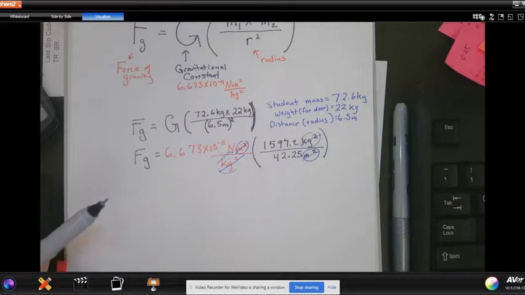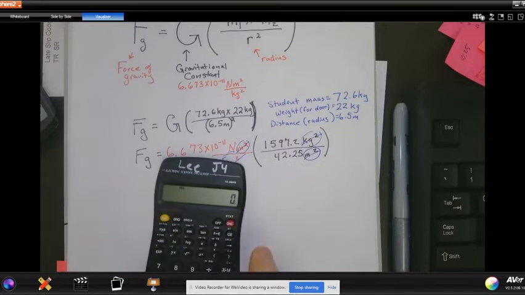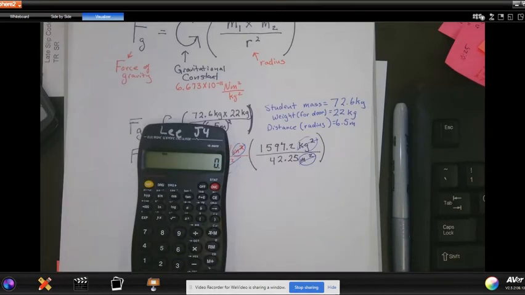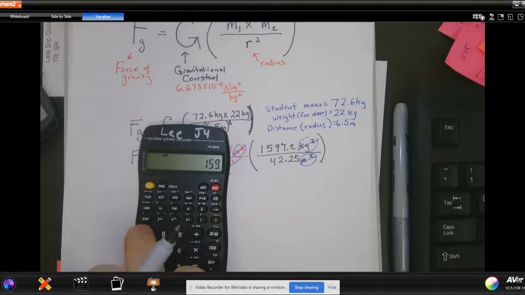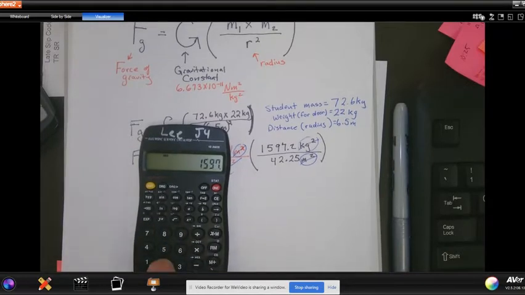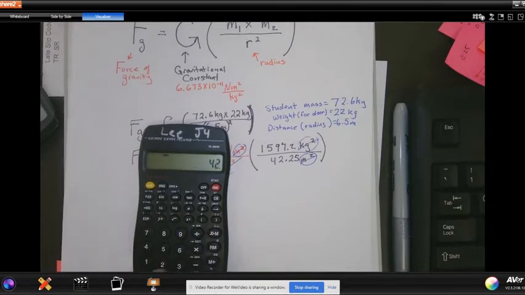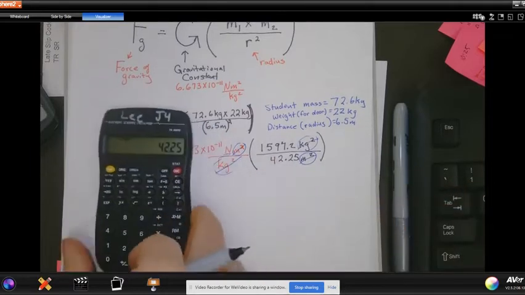So now it's time to do some more math. Let's go ahead and finish what's in the parentheses because I know my math teacher always said, finish what's in the parentheses first and then multiply outside of the parentheses. 1597.2 divided by 42.25. Now, all the units in there have canceled out.